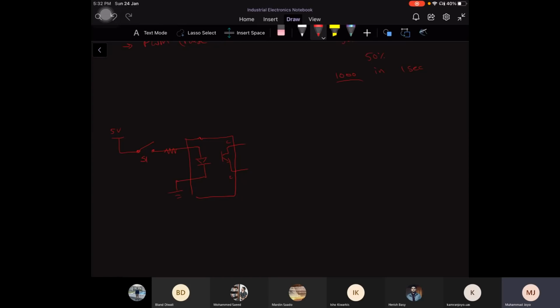Now, what I will do over here is connect a 5 volt supply to the collector and connect another transistor. This is the power transistor. And attach the emitter to the ground.